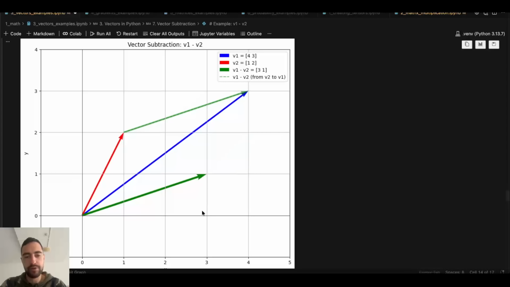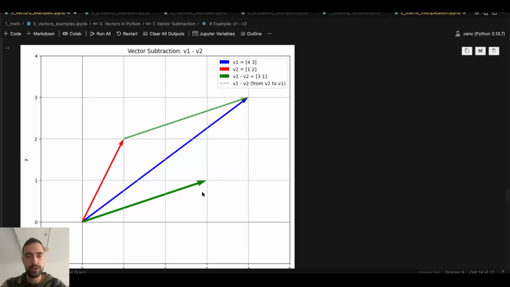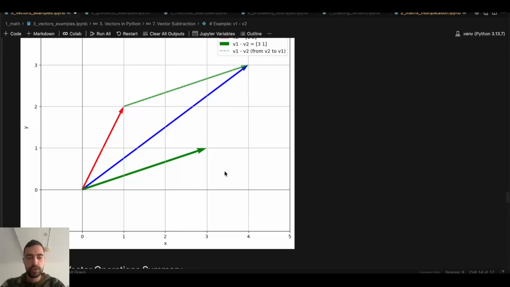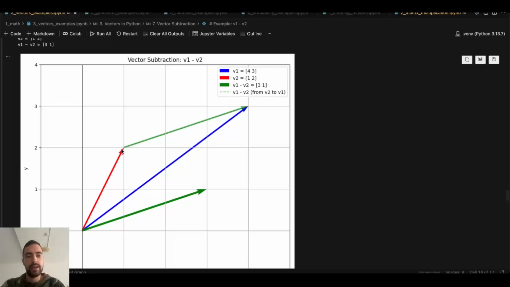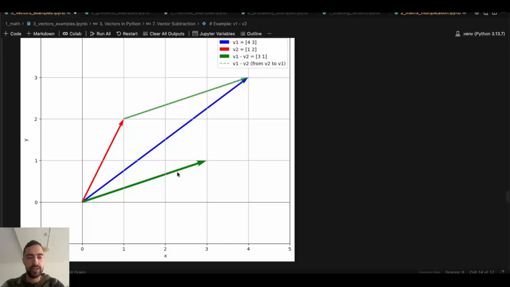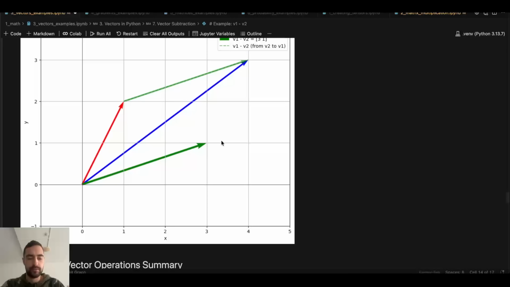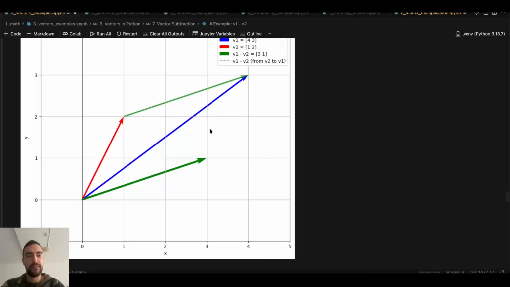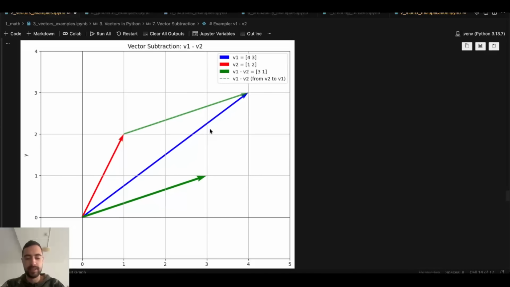And that's going to be our new vector, which is 3, 1, our resulting vector. So you start from the second vector that you are subtracting, going to the end of the first vector from which you are subtracting. That's your new vector. Then you can move it to the origin to see its real coordinates. And that will be it for vectors, and see you in the next lesson.